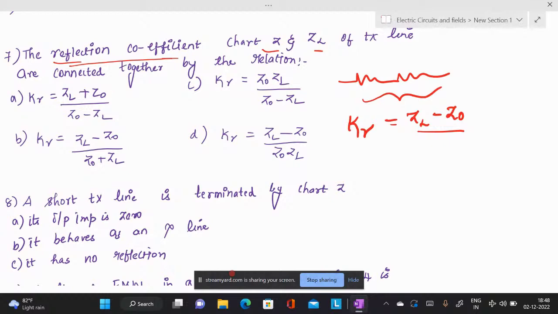Chart impedance is otherwise said to be characteristic impedance divided by load impedance plus chart impedance.